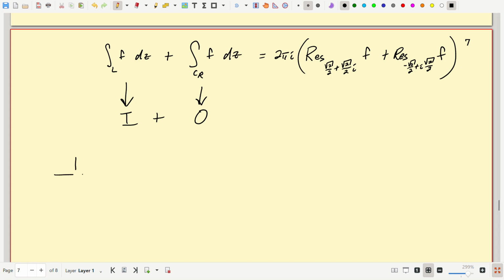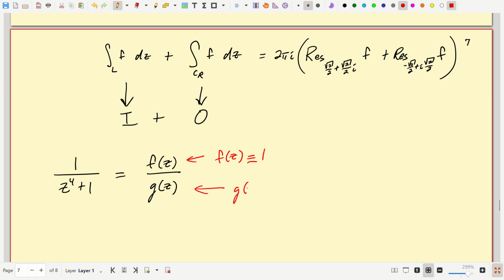I've got 1 over z to the 4th plus 1. I'll call that f of z over g of z, where, of course, f of z is the function 1, and g of z is z to the 4th plus 1. Of course, g is 0 at one of its roots, so g of e to the i pi over 4 is 0.